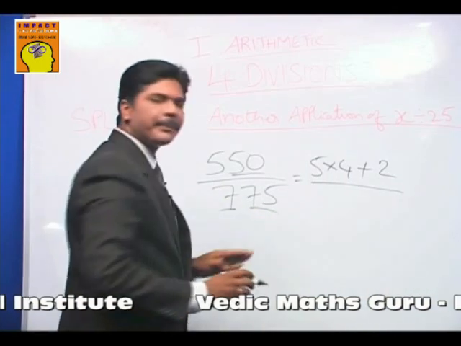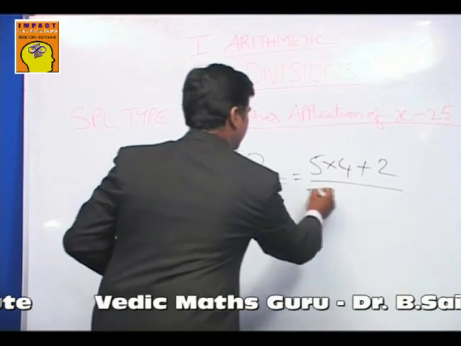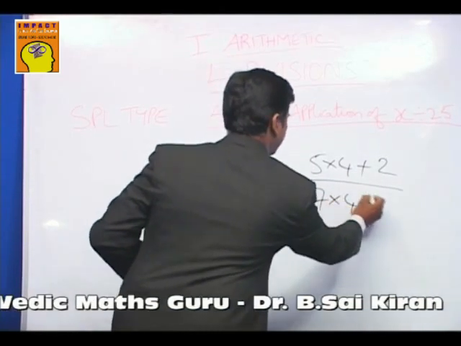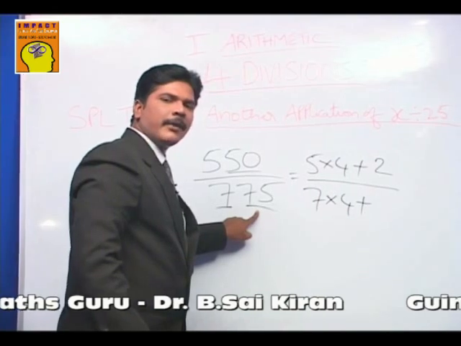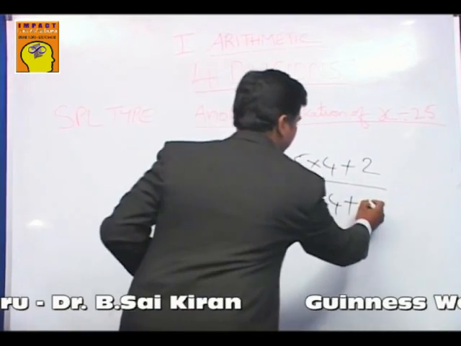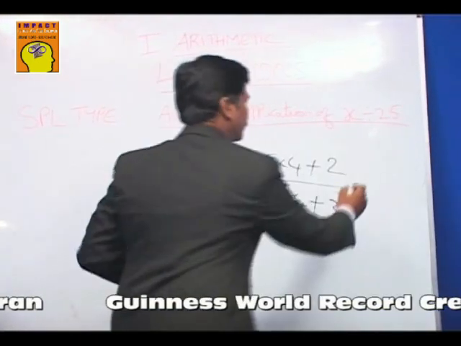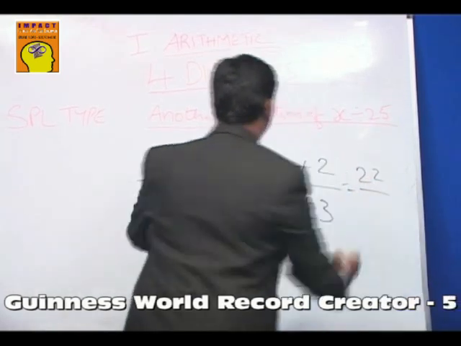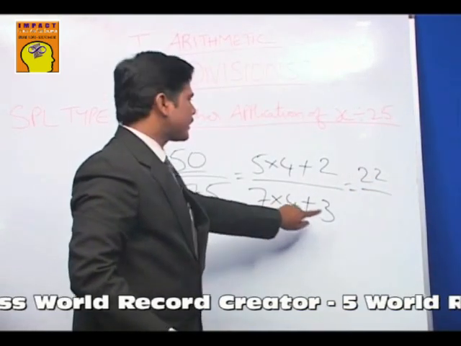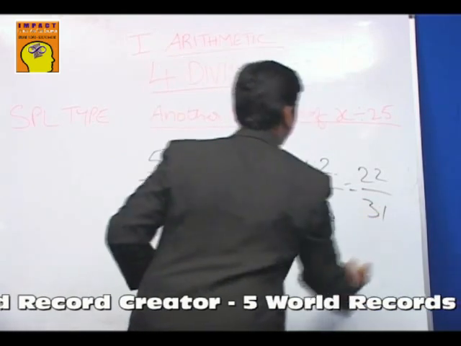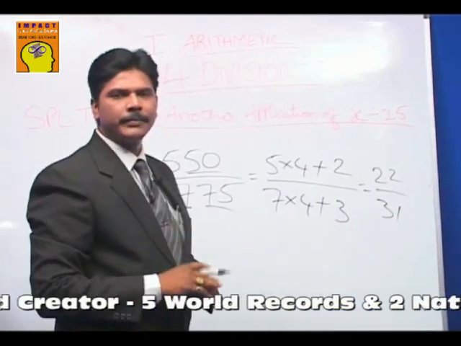The other number is 7. Multiply 7 times 4 plus how many 25s are there in 75? There are 3 25s. Now simplify it. 5 times 4 is 20, 20 plus 2 is 22. So write 22 there by 7 times 4 is 28, 28 plus 3 is 31. So that's it. You have simplified it to 22 by 31.